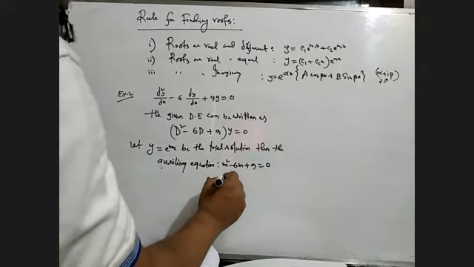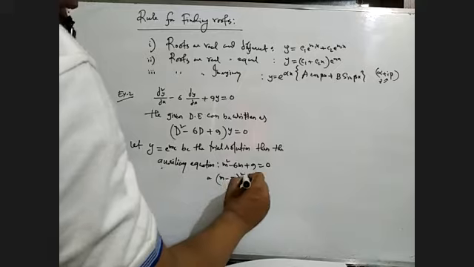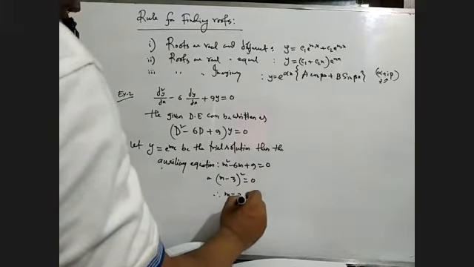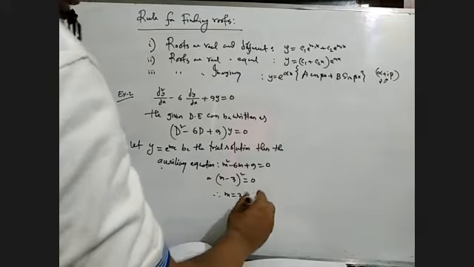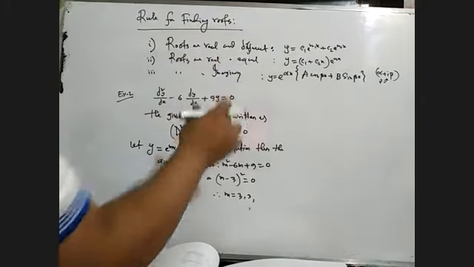Now we can solve this auxiliary equation. This means (m minus 3) whole square equals 0. That means we get equal roots here: m equals 3 and 3. That means roots are real and equal.